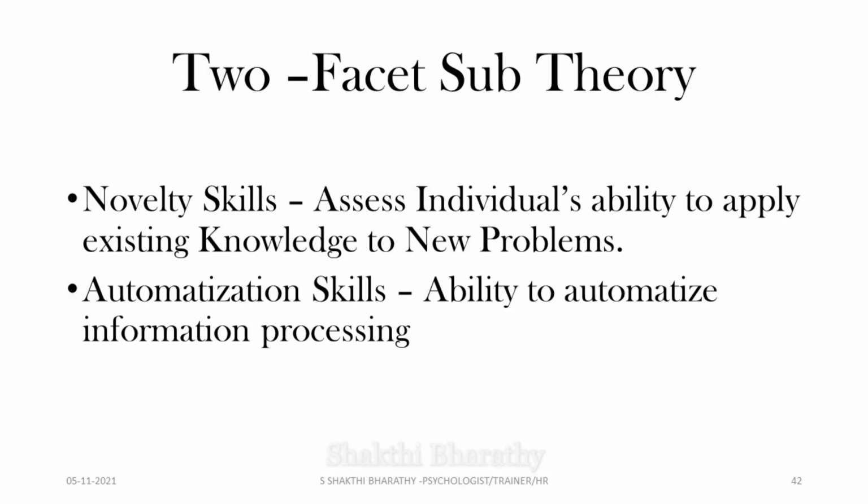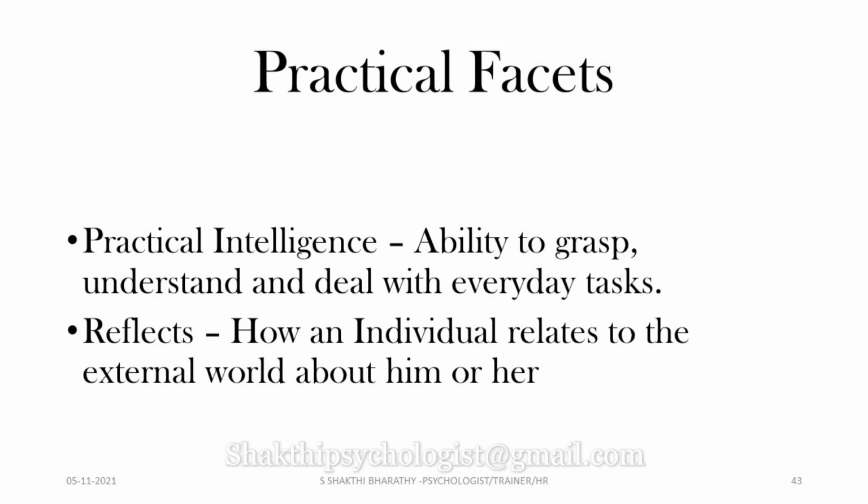So next we move on to practical, that is contextual facets. Practical intelligence involves the ability to grasp, understand, and deal with everyday tasks. So this is the contextual aspect of intelligence and reflects how the individual relates to the external world about him or her. See, the analytical component, we have seen how the individual relates to his internal world.